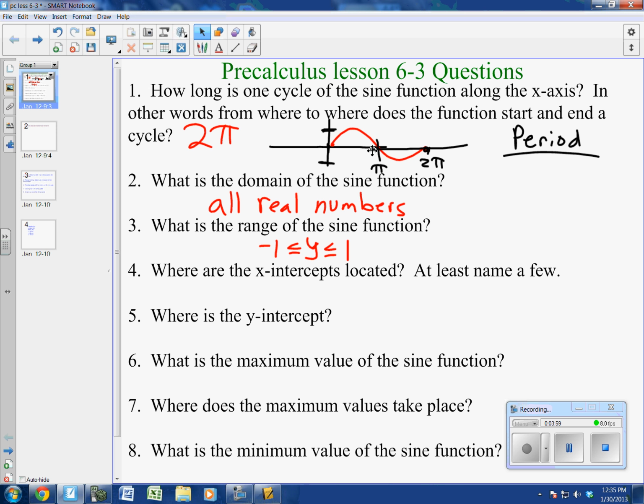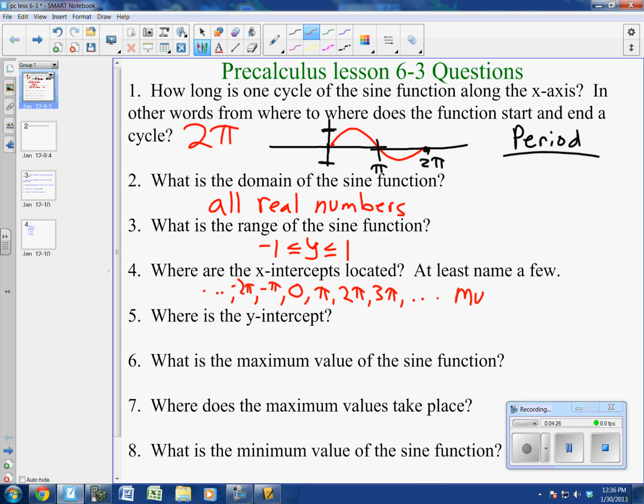Number 4, where are the x-intercepts located? Every pi, right? We're starting at 0. You can say it's at 0, pi, 2 pi, 3 pi, and you can continue the pattern, dot, dot, dot, and go negative pi, negative 2 pi, dot, dot, dot. That means it continues the pattern. So every multiple of pi is going to have an x-intercept.